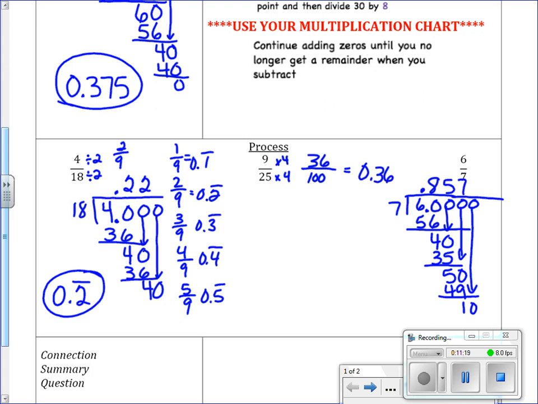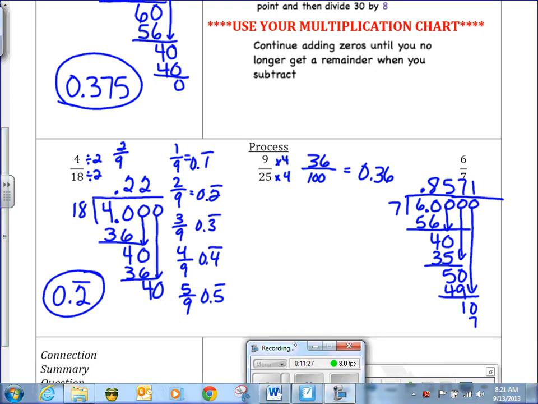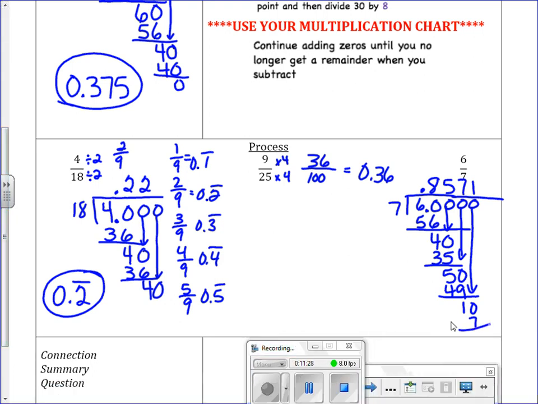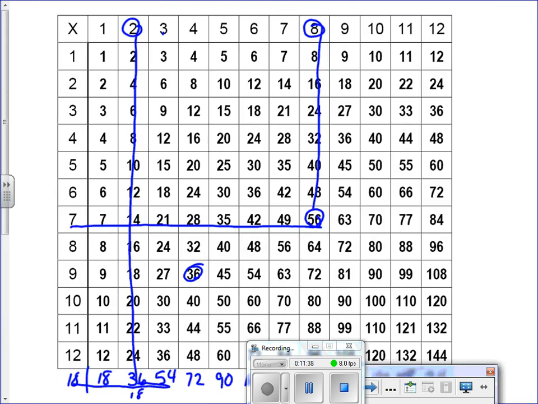Put in another 0. Bring it down. Here's my 0 here. 7 goes into 10 1 time. 1 times 7 is 7. I have 3. Put a 0 as a placeholder. Bring it down. I have 30. 7 goes into 30. Let's see.